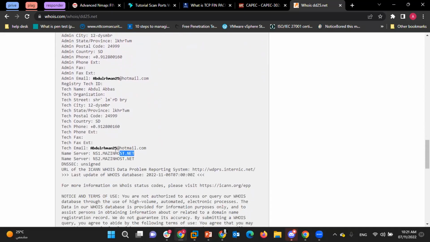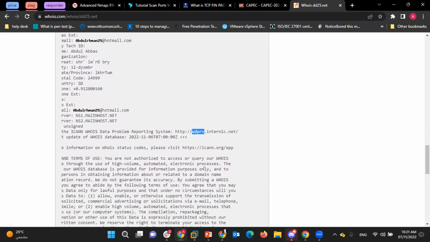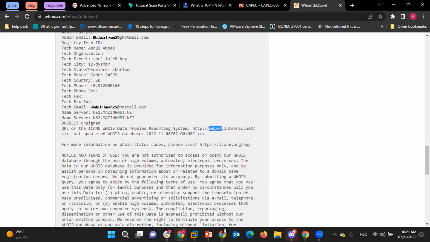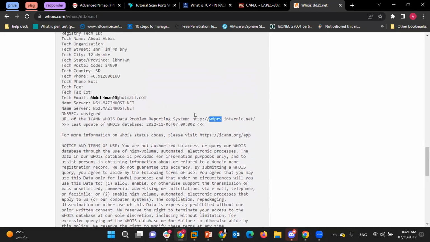This is the name server. Here we can also find that the site is built with WordPress, which is good information too. From here, we get an email, a name, the server name, and the code of the website.